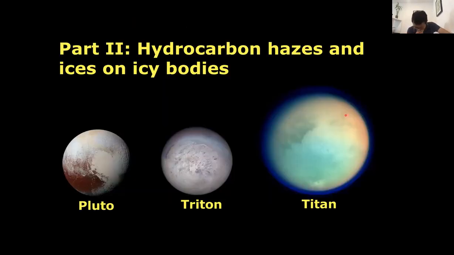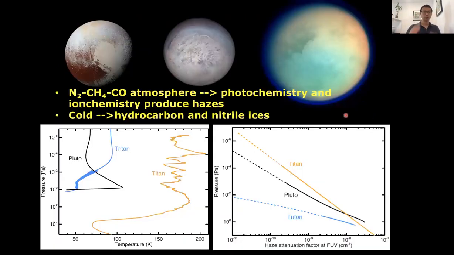Okay, let's move ahead, and I also want to talk about the outer solar system, talking about hydrocarbon hazes and ices, icy bodies. Now we're changing our mind, and we are thinking about the nitrogen, methane, CO atmosphere.